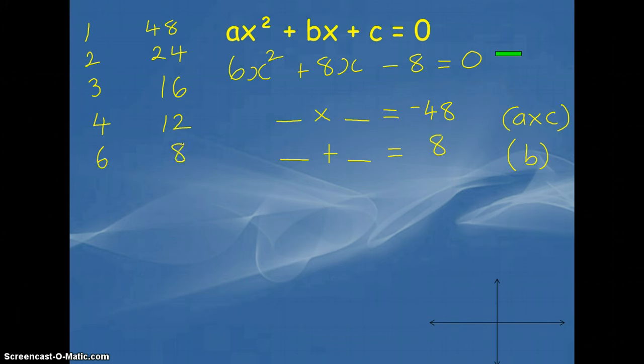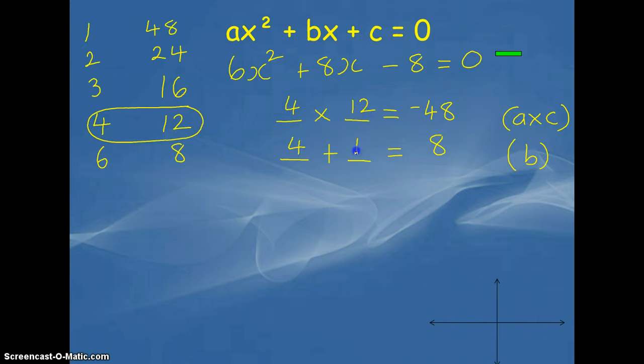So they're all the factor pairs of 48. The only pair that either add or have a difference of 8 is 4 and 12. So I found the two numbers that will answer my two questions. It is 4 and 12.